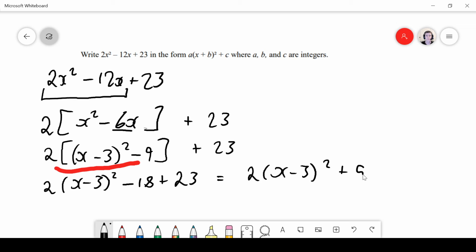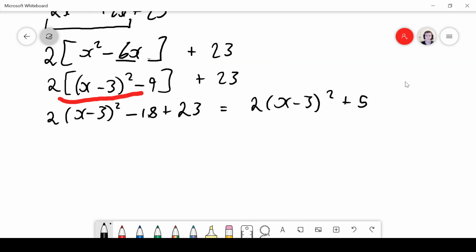So that one's a little bit more complicated. However, it's still doable. And then just for good measure, if you were going to find the turning point of that, then the turning point would simply be (3, 5), because it's still negative of whatever is on the inside here. And then 5 is our y coordinate, and 3 is our x coordinate.